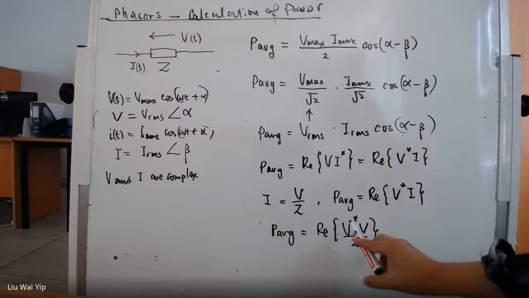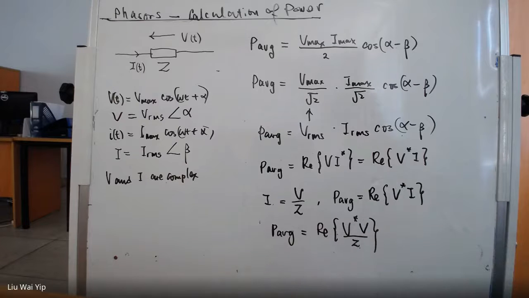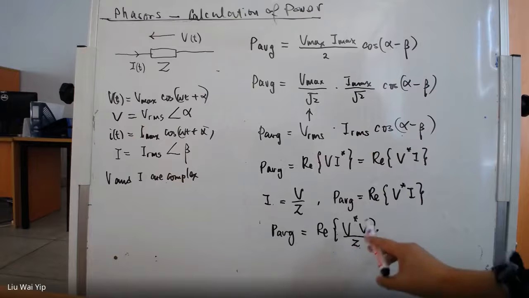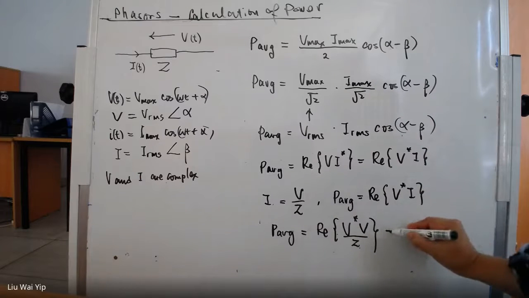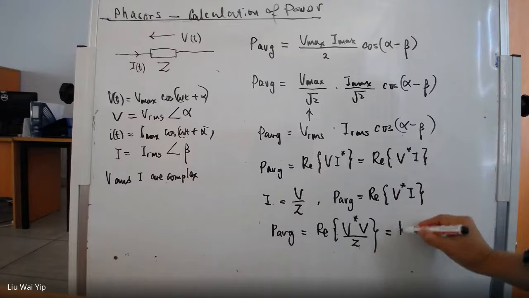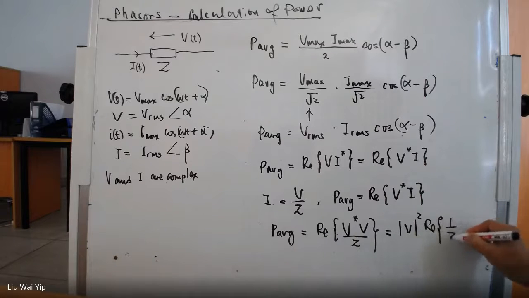V star divided by the quantity of V times Z. And this one, we know that it is an absolute value squared. So this is another formula for power.